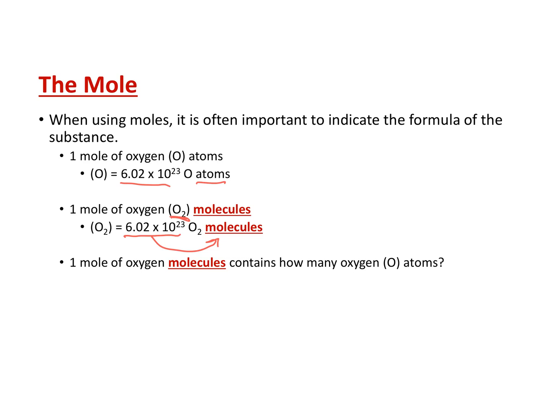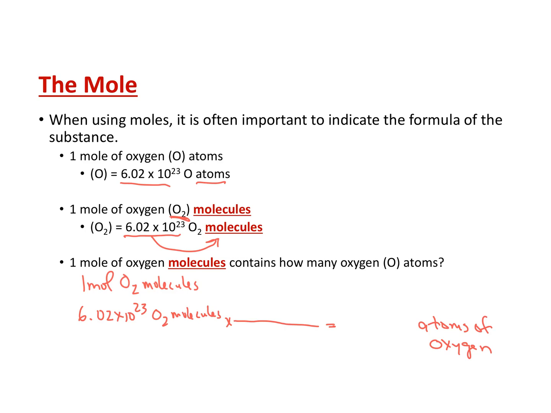Now here is the difference. Within 1 mole of oxygen molecules, how many oxygen atoms do I have? So I have 1 mole of oxygen molecules, so I have 6.02 times 10 to the 23 oxygen molecules. I want to multiply by something that leaves me with atoms of oxygen.